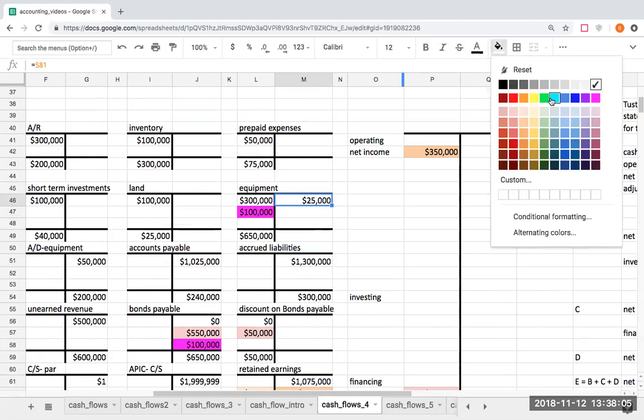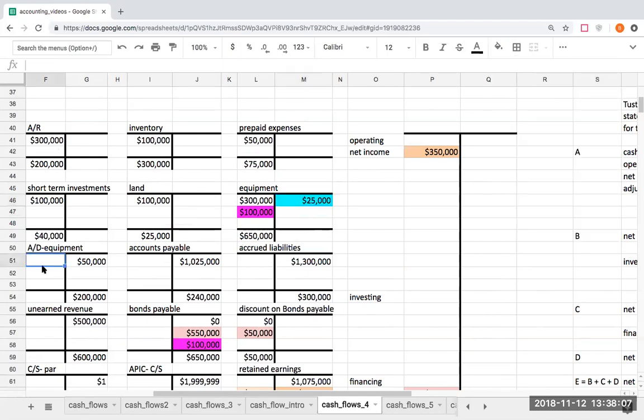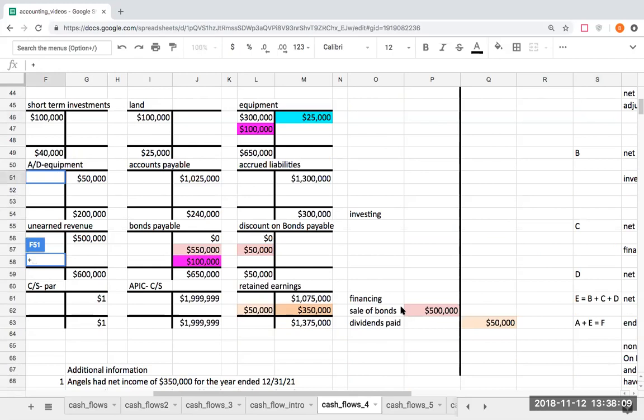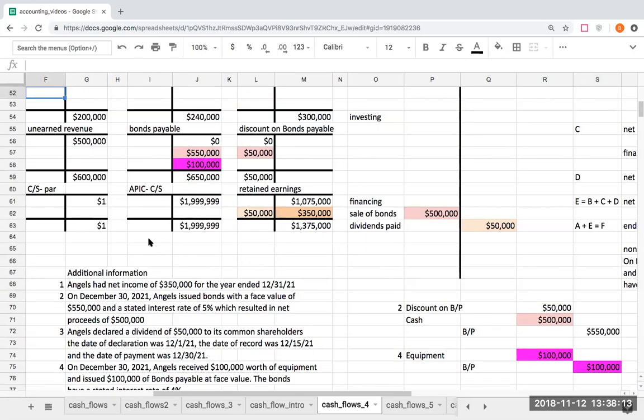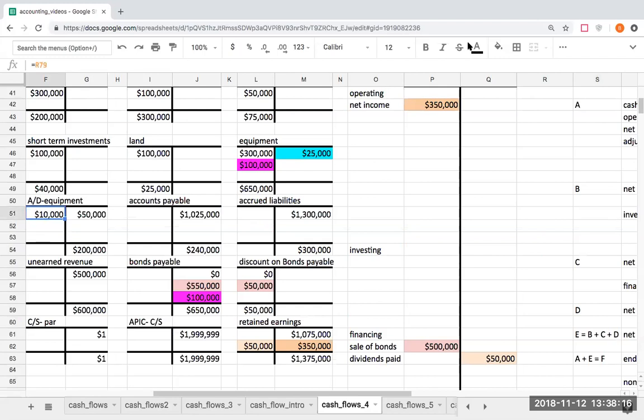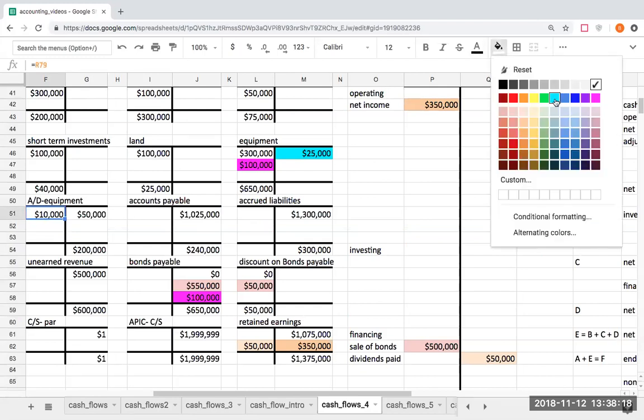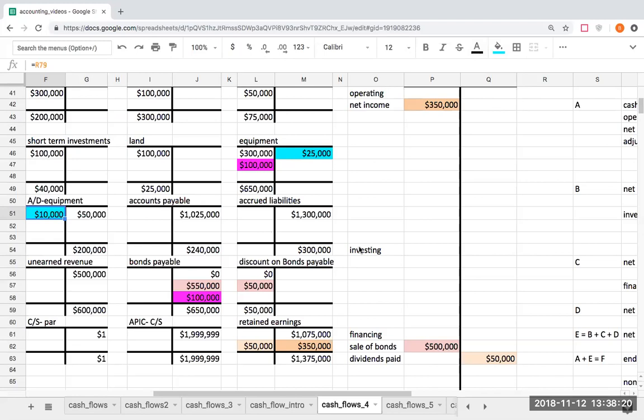And we're going to go ahead right here and do this. I'm debiting accumulated depreciation on equipment for $10,000. And we'll go ahead and make that a nice blue highlight. And I'm going to have proceeds from sale of equipment.